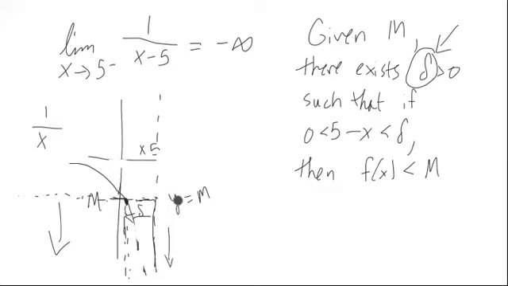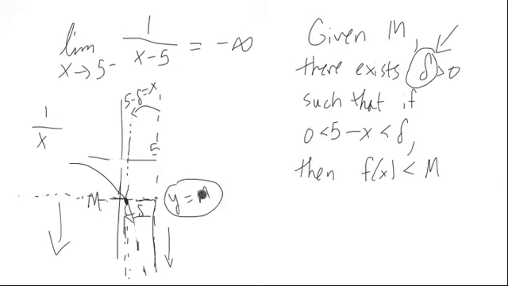We know the y value at that point. Do we know the x value? We know we're at 5 here, and then we go delta that way, so it's 5 minus delta. So the x value at that point is 5 minus delta, and the y value is y equals m.